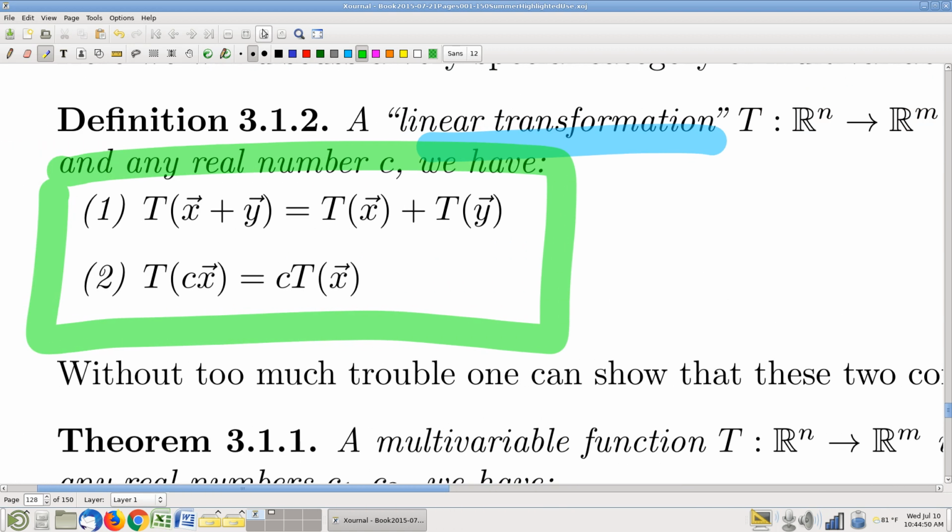It needs to be true that if you add two input values, that needs to result in the addition of the corresponding output values. So add before the function, add after the function, cool, you get the same answer either way. It also needs to be true that if you scalar multiply before you plug into the function, the result needs to be to simply scalar multiply the output value of the function.